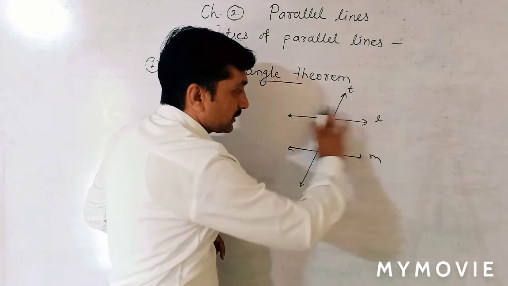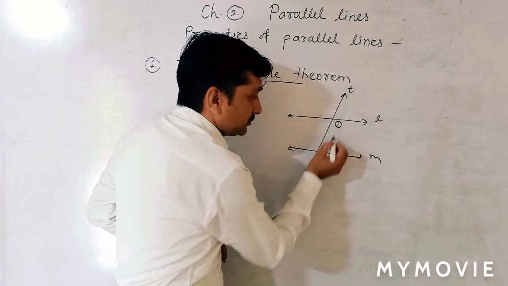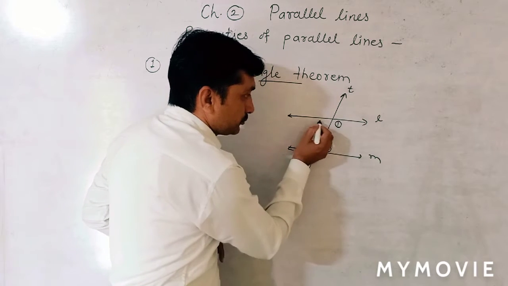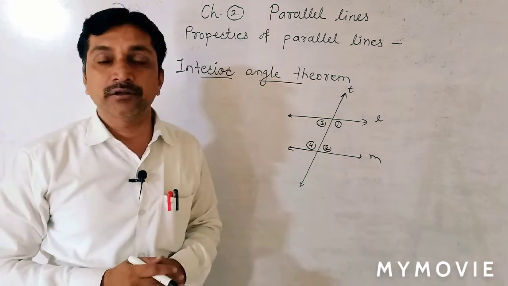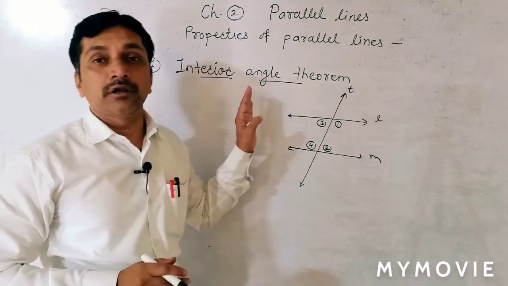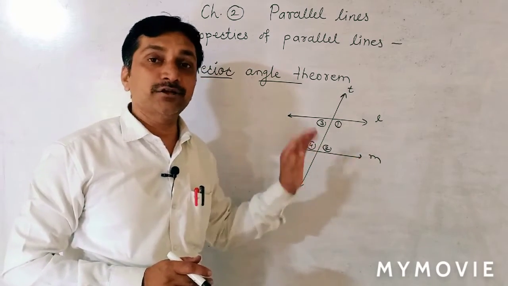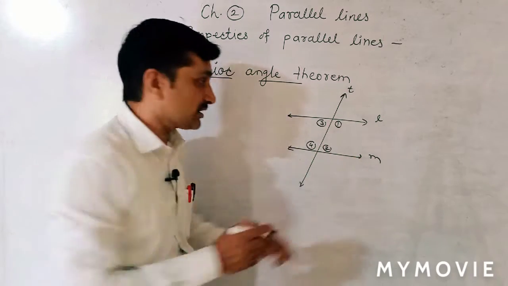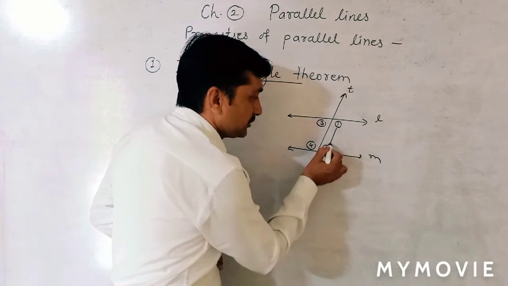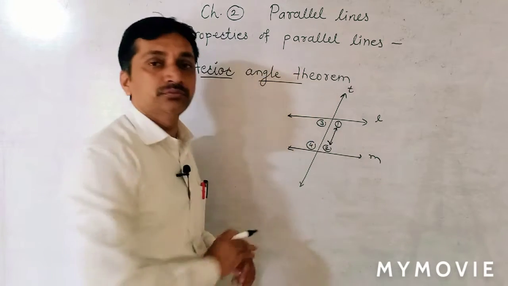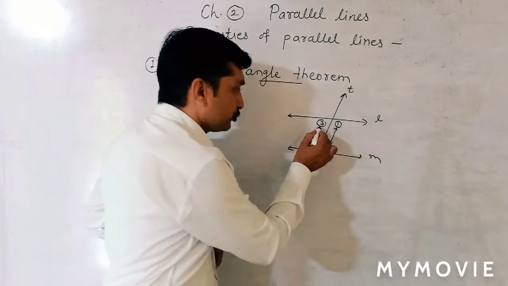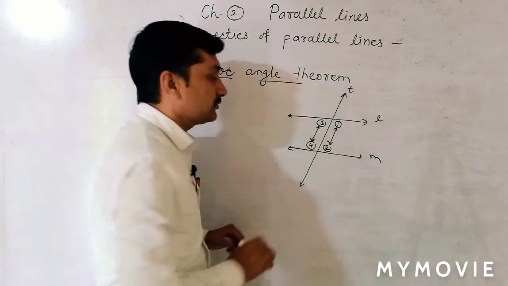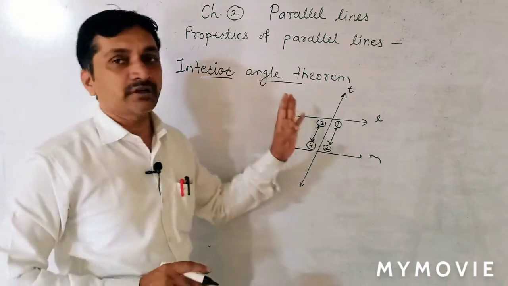On the same side, we have these two, 1 and 2, and 3 and 4 are also on the same side. These are pairs of interior angles.